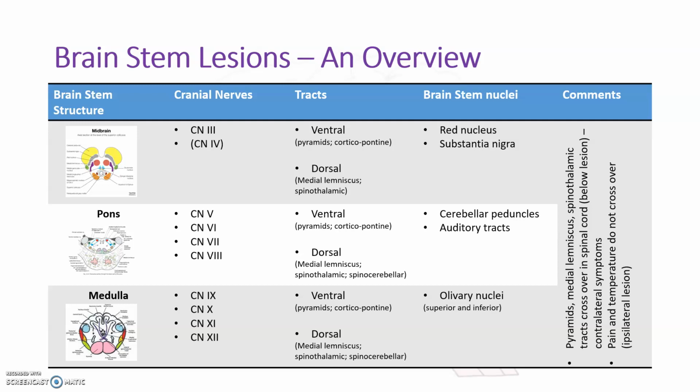And finally, the medulla, which carries the nuclei of cranial nerves 9 to 12. Ventrally run the pyramids and corticopontine tracts, and dorsally the medial lemniscus, the spinothalamic, and the spinocerebellar tracts. And the superior and inferior olivary nuclei lie in the brainstem as well.